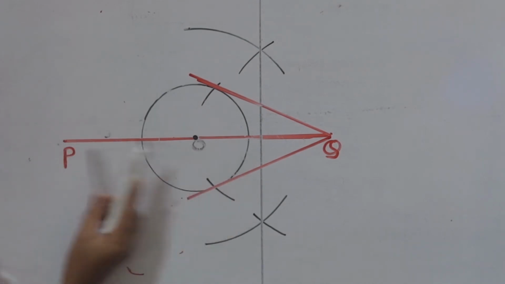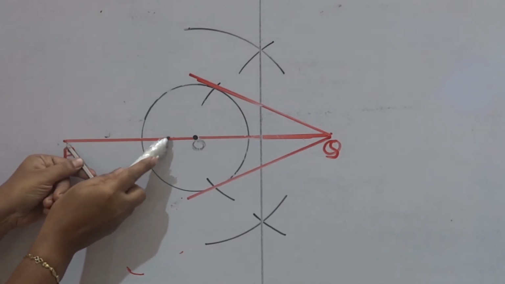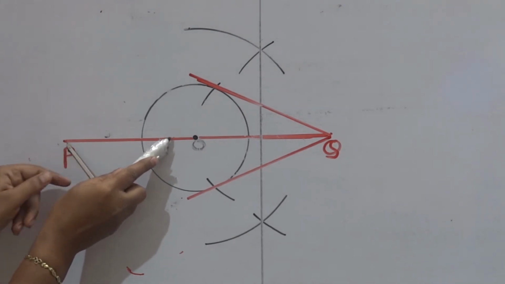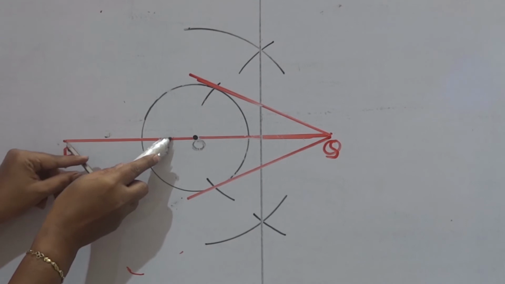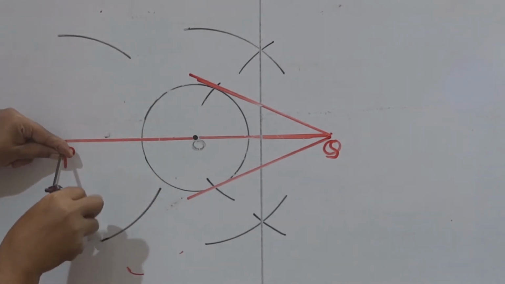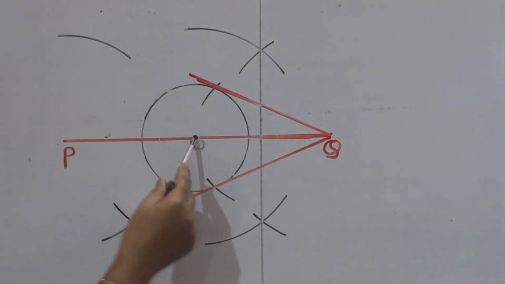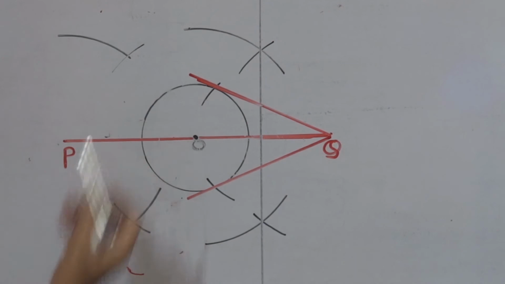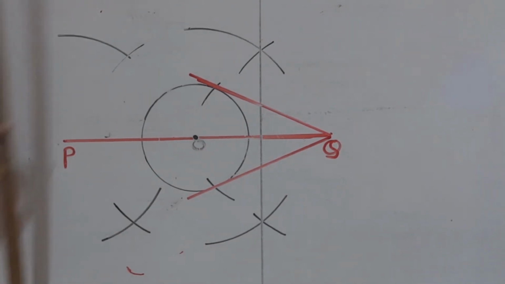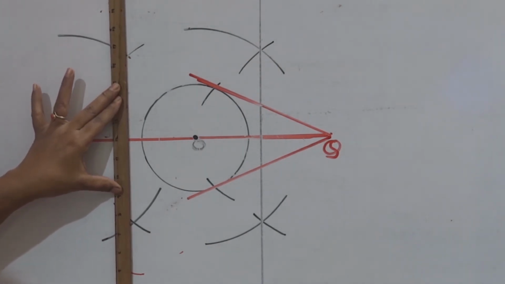To find the midpoint of PO, we have to take a distance of 3/4 of the line segment PO. Make arcs on the upper side and lower side of the line segment. Similarly, keeping the needle at the other side also, make the arcs. Now, draw the line passing through these 2 points of intersection of arcs.